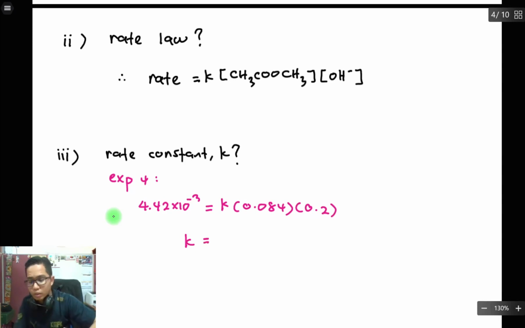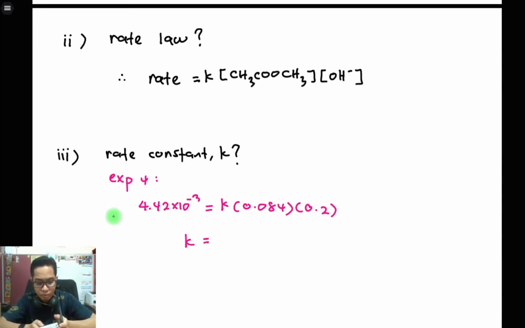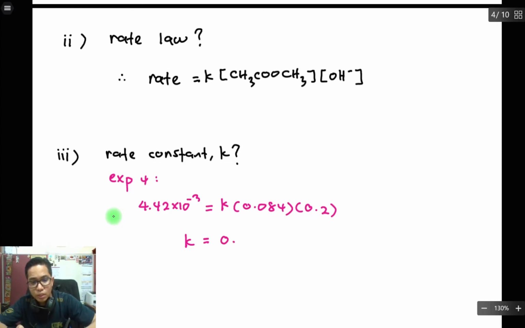So K equal to 4.42 exponent negative 3 divided by 0.084 times 0.2. So K is 0.263. Okay. So that is the value. Then how about the unit? Unit tak tahu. Okay. So just compare kita punya nilai ni.